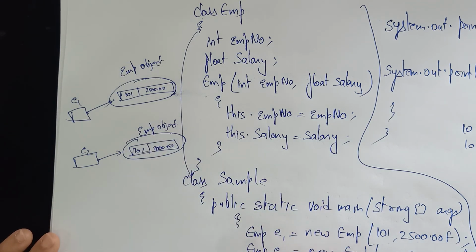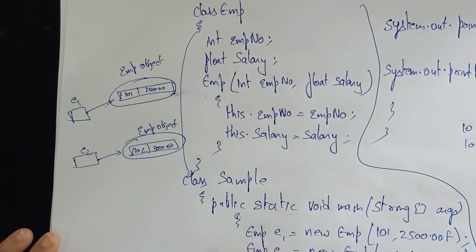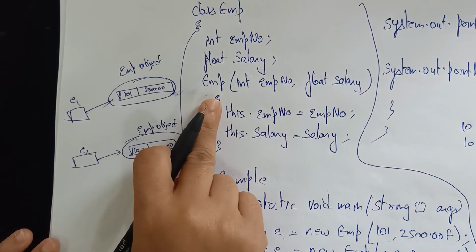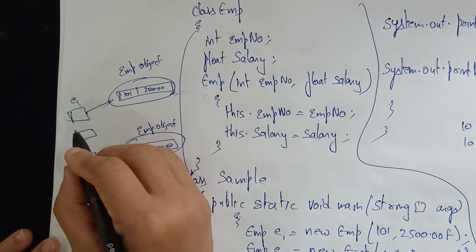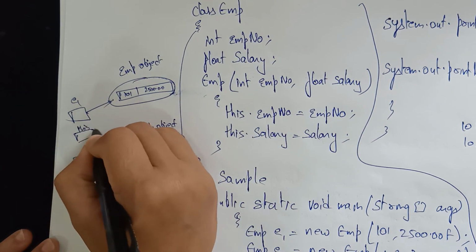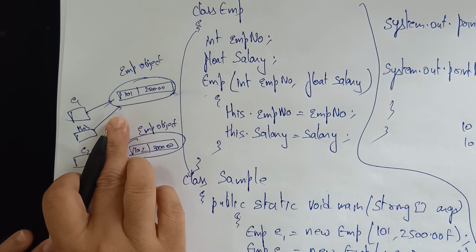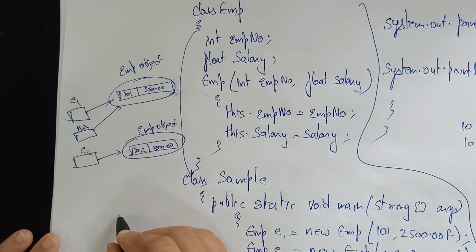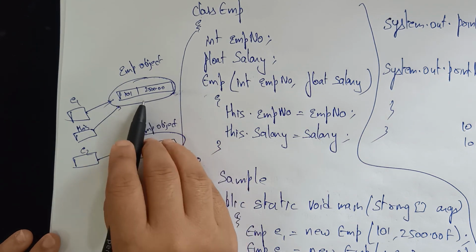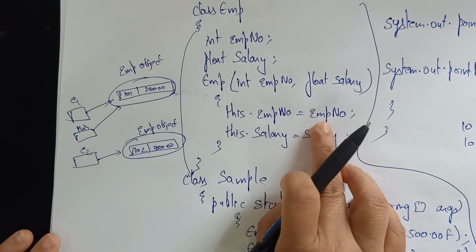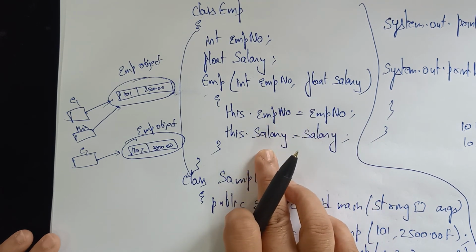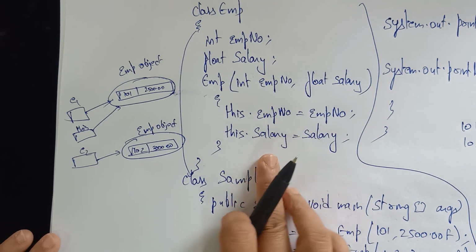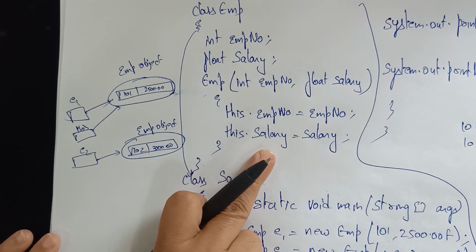Now the compiler comes to the constructor, this.employeeNumber. First this takes the E1 reference. What is in the E1 reference? It consists of 101 and 2500. So the employee number is assigned 101 and the salary is assigned 2500.